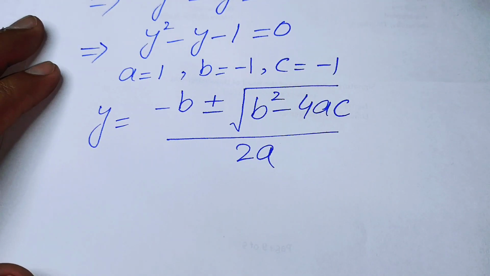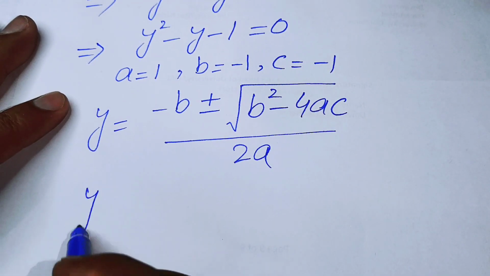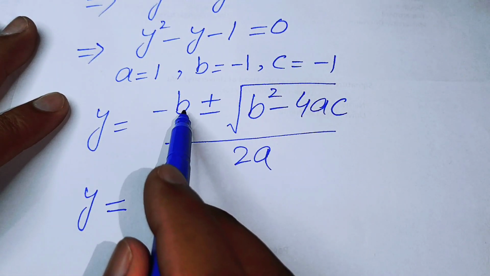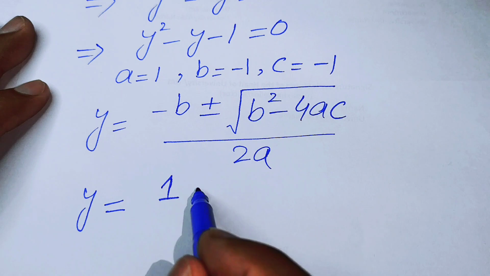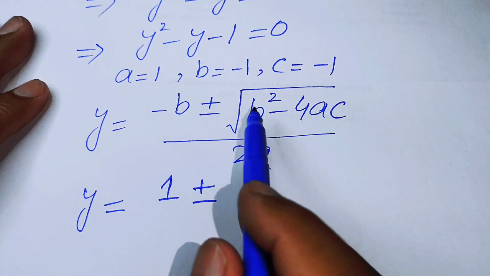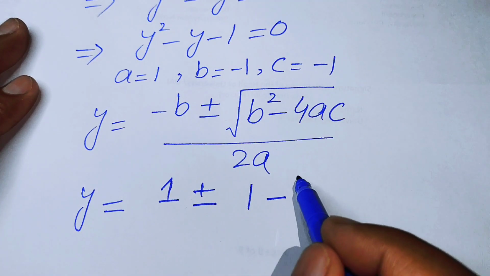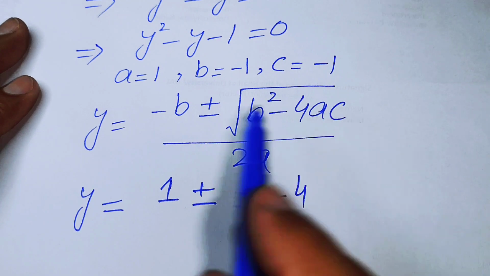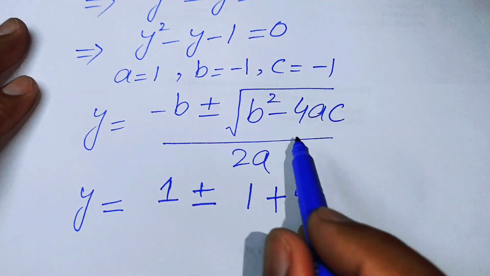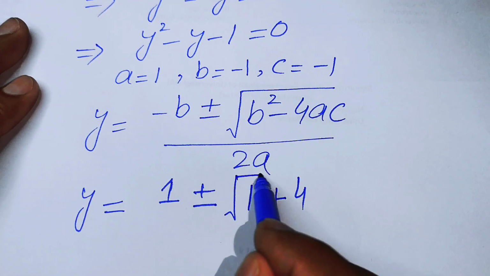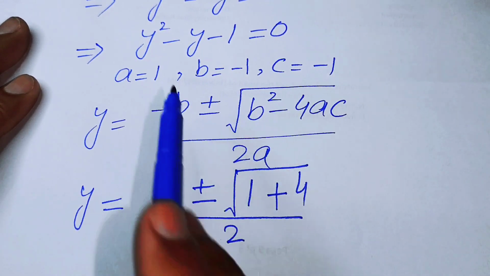Now we put all the values of a, b and c in this formula, and we get y is equal to, here the value of b is minus 1, so minus minus is plus 1, plus minus the square root of b squared, where b is minus 1, so minus 1 squared is plus 1, minus 4 times a, which is 1, times c, which is minus 1, so minus minus is plus, and 1 fours are 4, so it becomes plus 4, all over 2, because the value of a is 1.